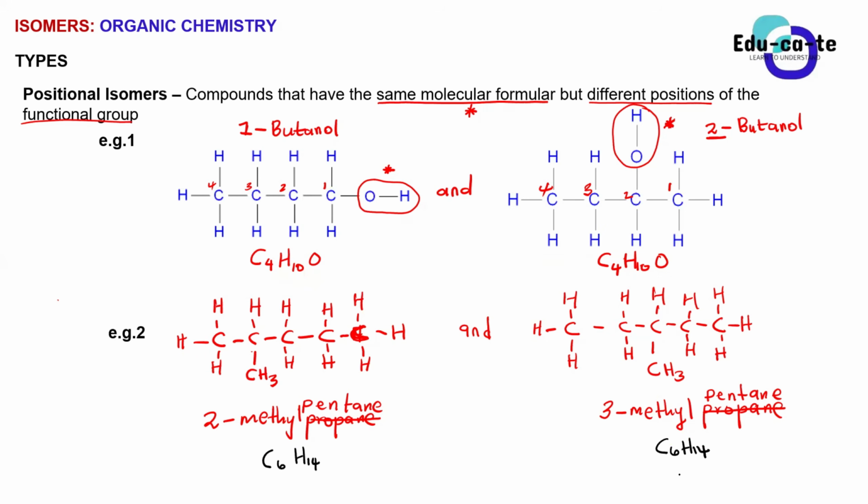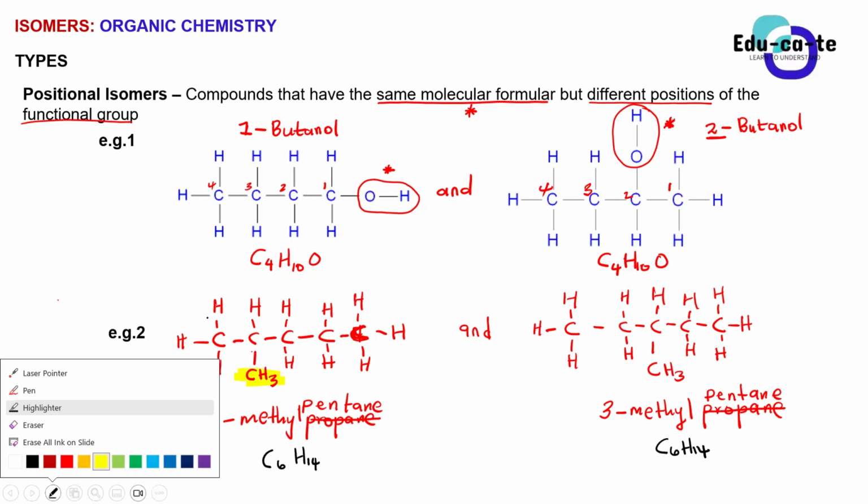My question was, what is different between these two? What differs is the position of the methyl group. Because you can see that in compound number 1, which is 2-methyl pentane, the methyl group, or the side chain, which is CH3, was found on carbon number 2.